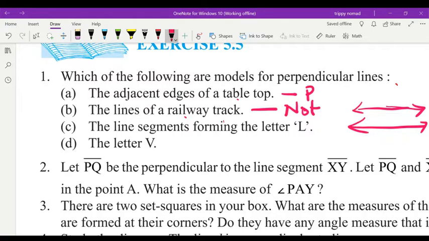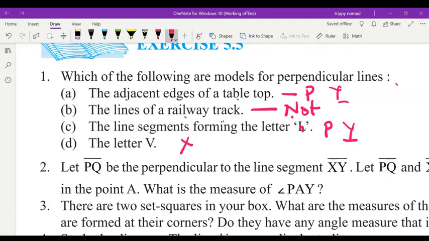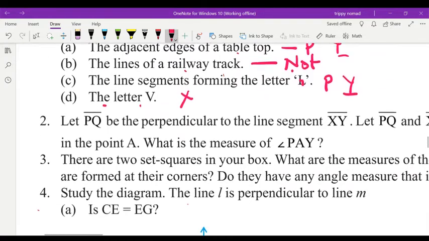Now next one, the line segments forming letter L. Which angle is this? 90 degrees. So yes, this is a model. This one yes, and this is not, and this is also not. The letter V is not a model for perpendicular lines.